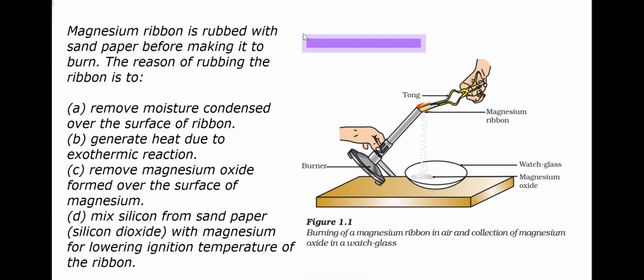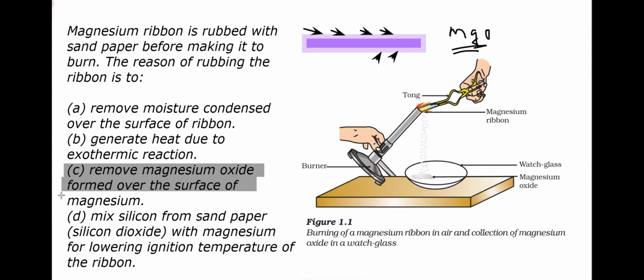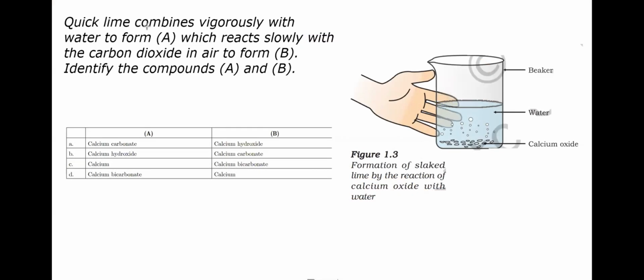This thin layer prevents the magnesium from burning. So the correct answer in this case will be to remove the magnesium oxide layer which is formed over the surface of magnesium.